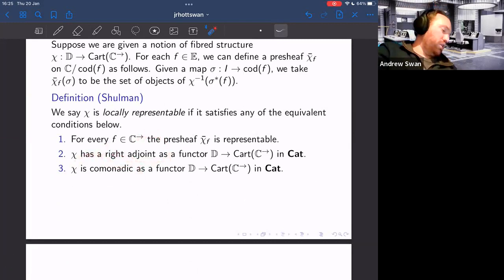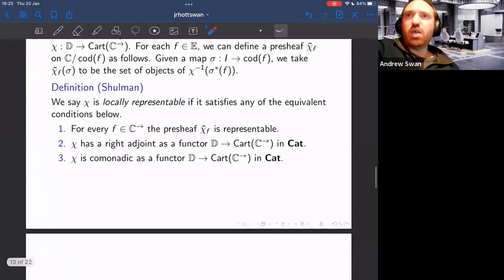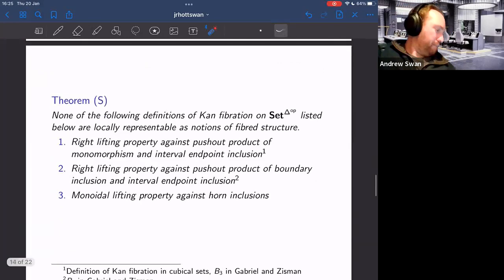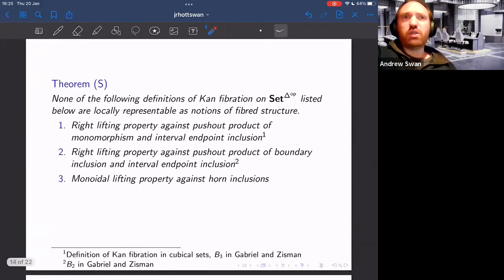There's also another characterization in terms of representability. The theorem is that this fails for simplicial sets with the pushout-product definition of Kan fibration, and for various other ones.